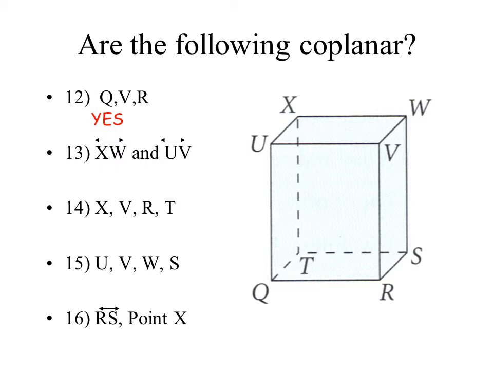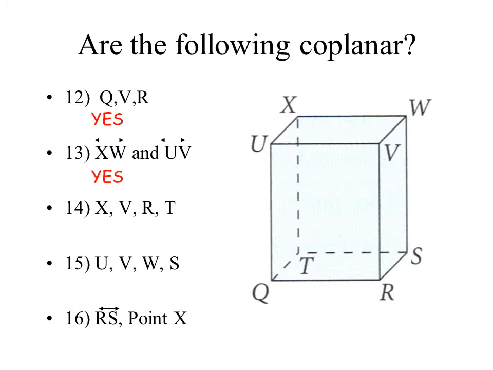Let's take a look at lines. What about line XW? So XW would be on the back of the box. And line UV would be the front of the box. Well, those 2 lines are parallel. I could place a piece of paper and it would cover those lines. So yes, those would also be coplanar.